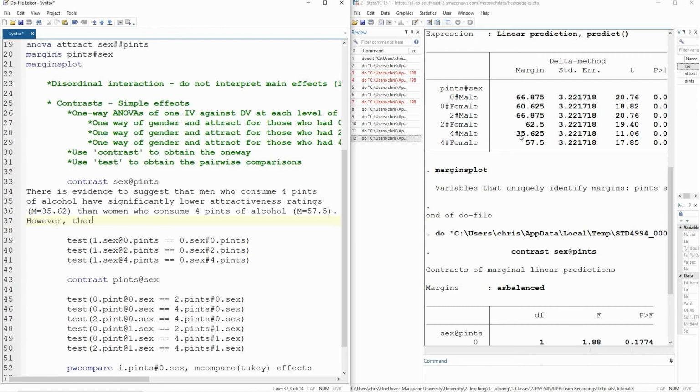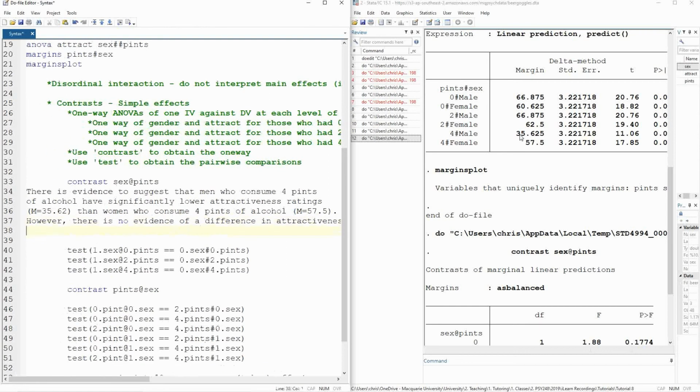However, there is no evidence of a difference in attractiveness ratings between males and females at 0 pints or 2 pints.